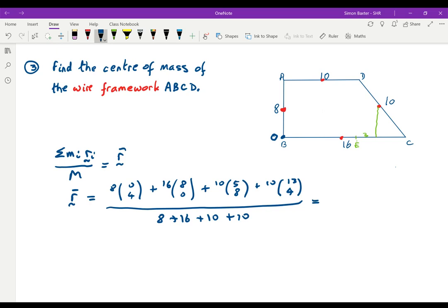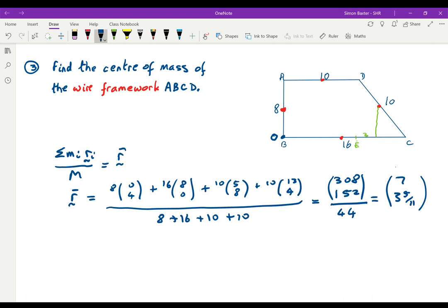Working out the top line, we get 308 and 152, divided by 44. And that is 7, 3 5/11.